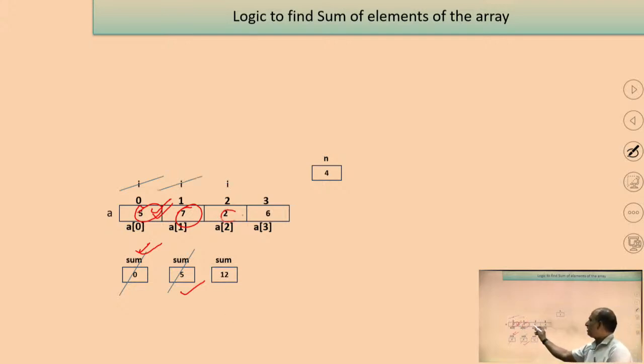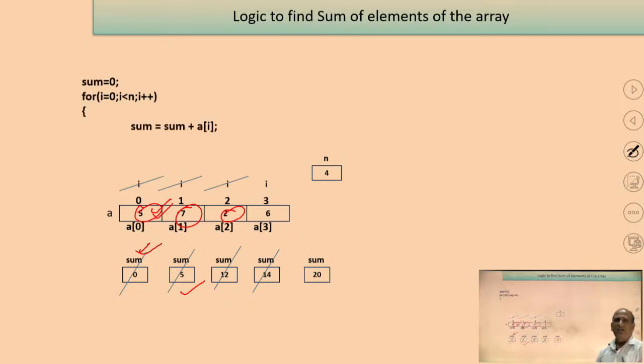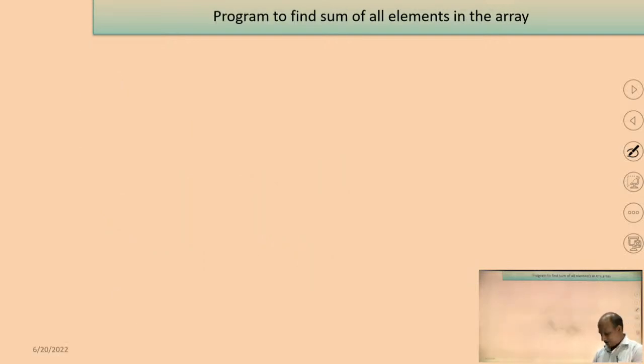This element will be accessed, and it will be added to the 12, means the previous sum keeps being updated whenever the next element is there. This way you can find the sum of all the elements of the array. The logic of this is here.